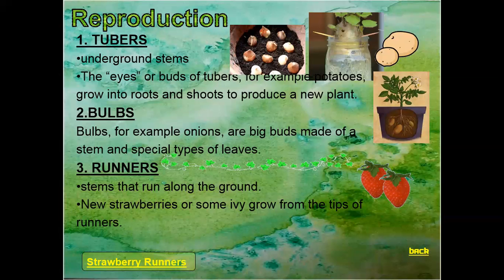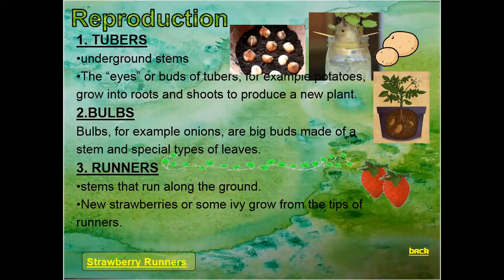If you plant a potato by itself, more potatoes will grow. Now, bulbs. A bulb is a stem that grows under the ground. Tulips and onions grow from bulbs.